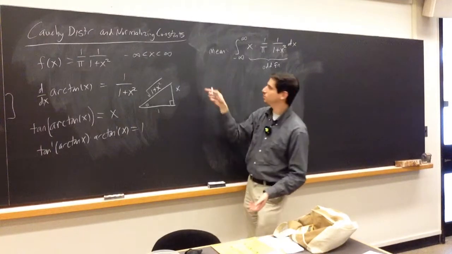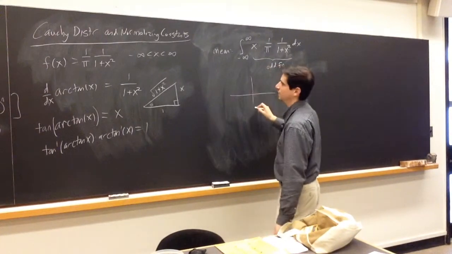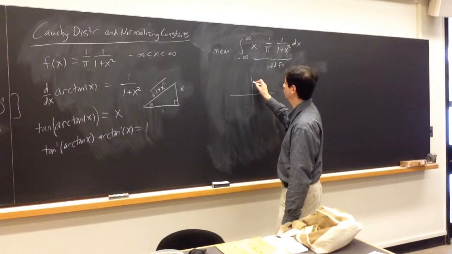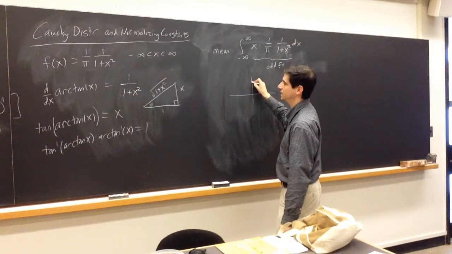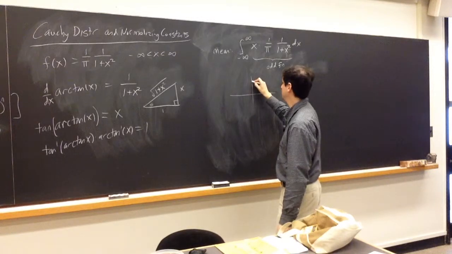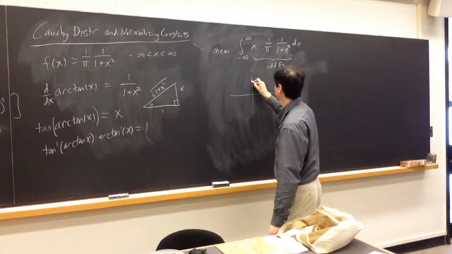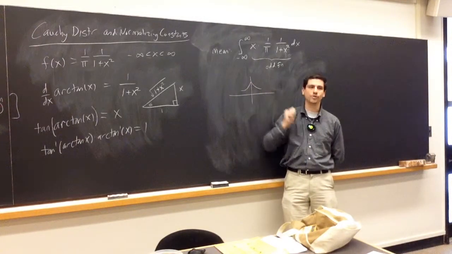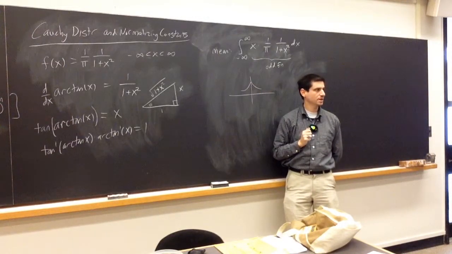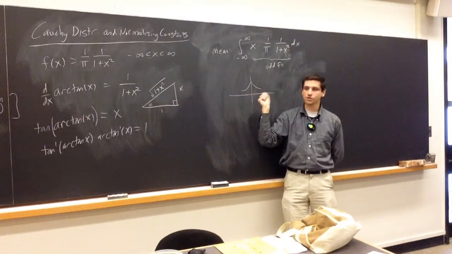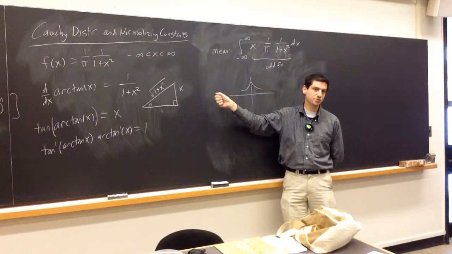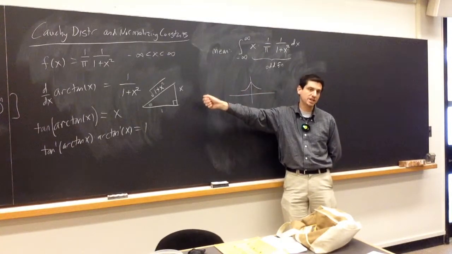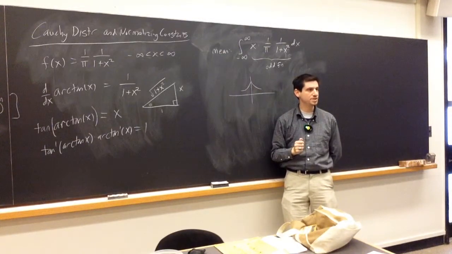If you look at the plot of this function, when x equals 0, we have 1 over pi. As x gets larger, it's getting smaller. Here's my Cauchy distribution. It's decaying roughly at the rate of 1 over x squared. It's symmetric about the origin. So you're just as likely to have a low negative score as a low positive score, a high negative score, a high positive score. The mean should be 0.